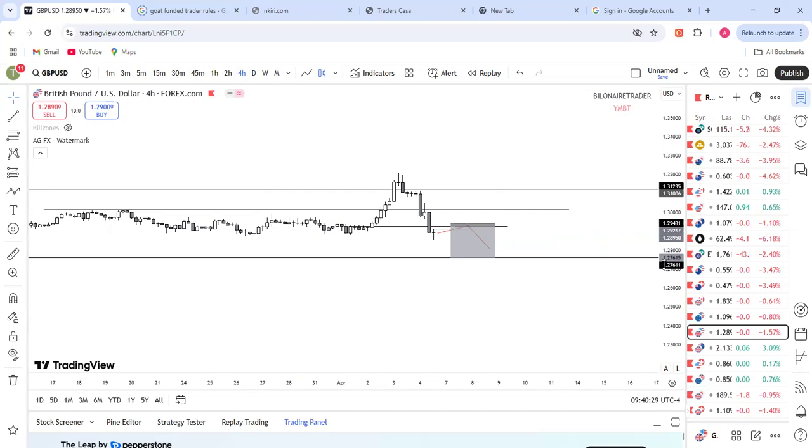When you're on the 1 hour, every candle forms every 1 hour. On the 2 hours, every candle forms every 2 hours. On the 4 hours, every candle forms every 4 hours. That is exactly the concept of the candle anatomy. So I think I've been able to answer that question.